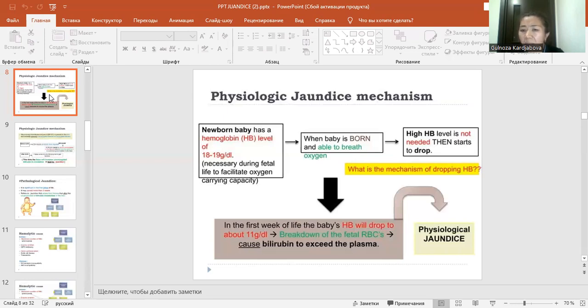What is the mechanism of the dropping hemoglobin? In the first week of life, the baby's hemoglobin will drop to about 11 grams per deciliter. Breakdown of the fetal red blood cells causes bilirubin to exceed in the plasma. It is physiologic jaundice.